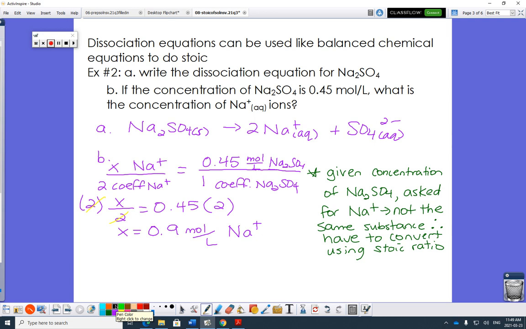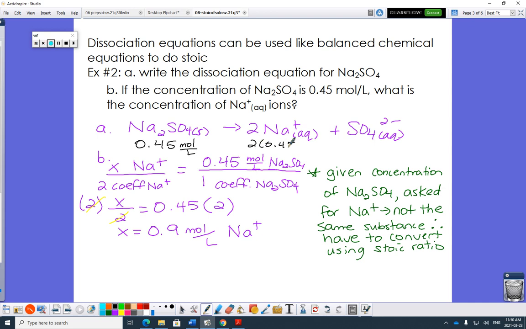And what you'll notice when you start to do all these questions is that the coefficient of the solid, even in grade 12, is always going to be 1. So whatever this is, because it's always 1, then again, you can kind of streamline the stoic process. And then if this is a 2, all you're going to do is multiply by 2.